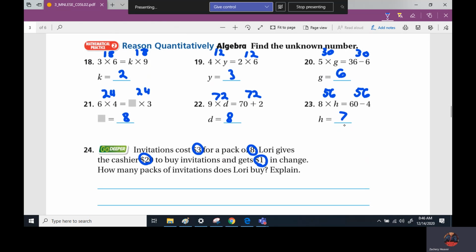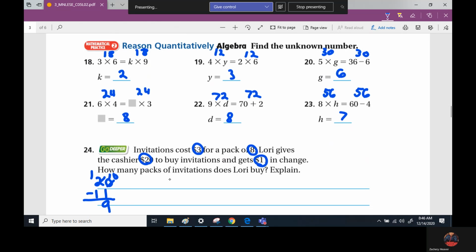So let's find out how much money she spent. She gave him $20 and got $11 back, so this is going to tell us how much she spent. She spent $9.